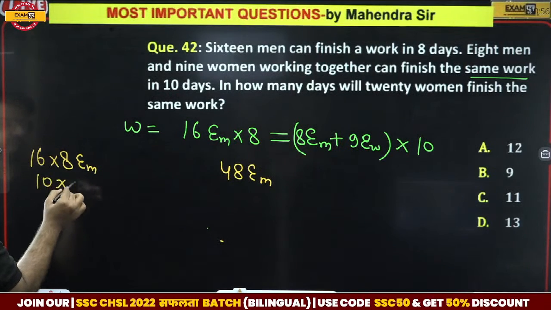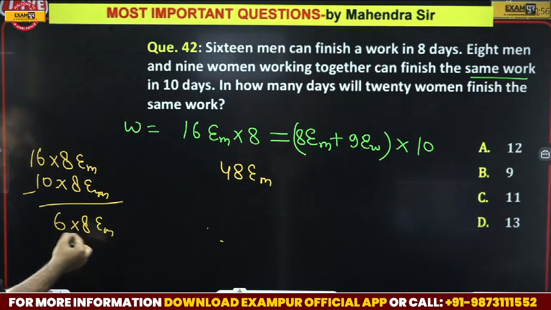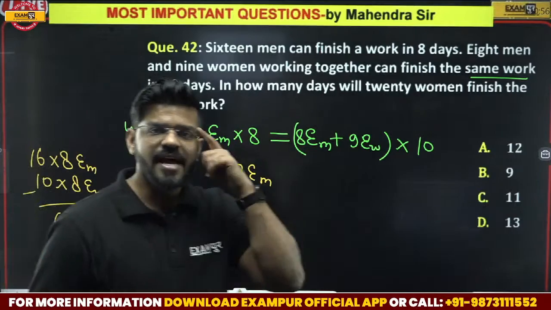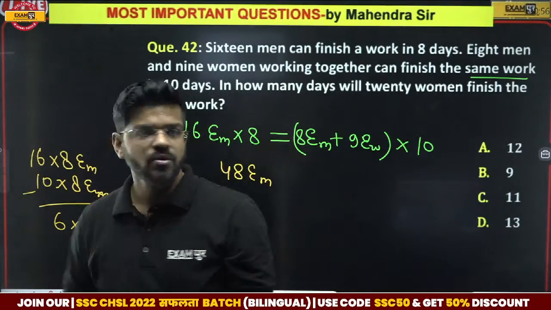When I subtract both, I will get 6 into 8 EM. That is nothing but 6 8s are 48 EM. This I have done mentally. Did you get that? Okay.